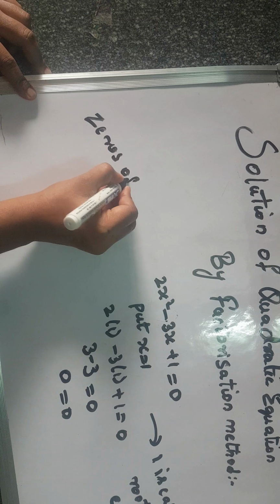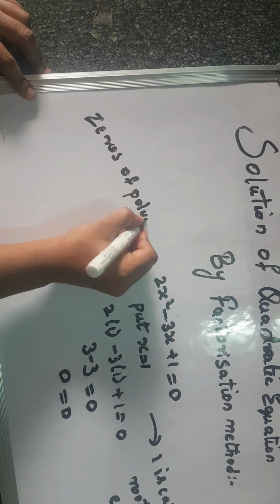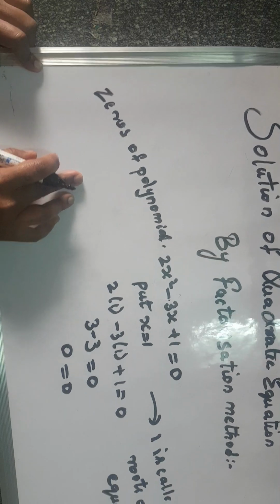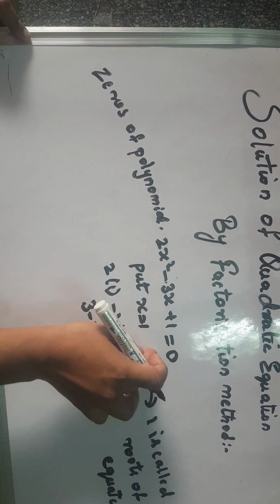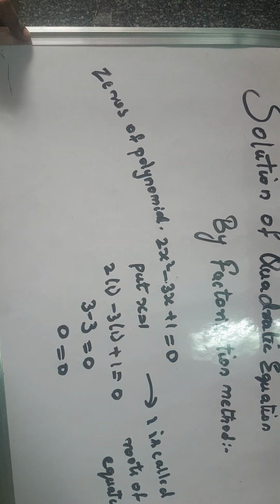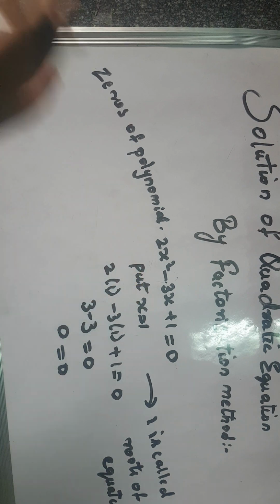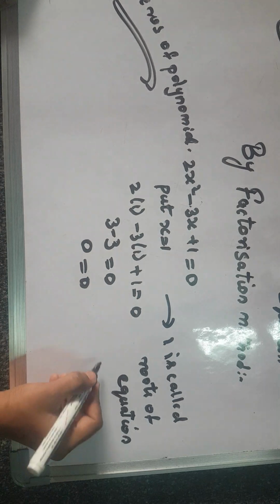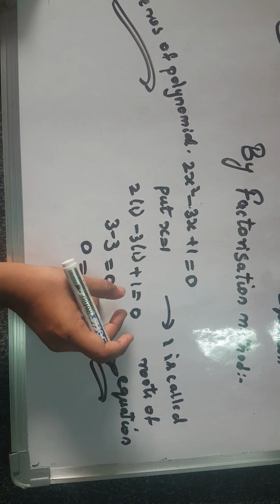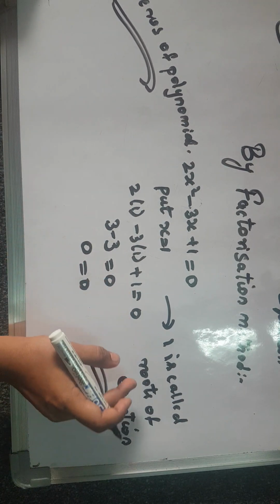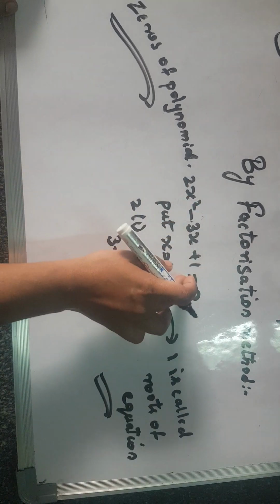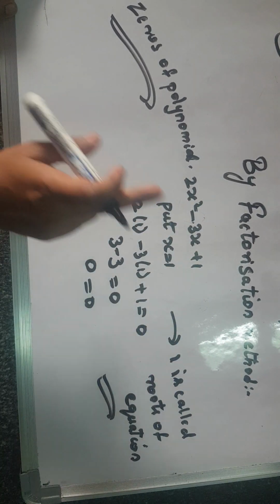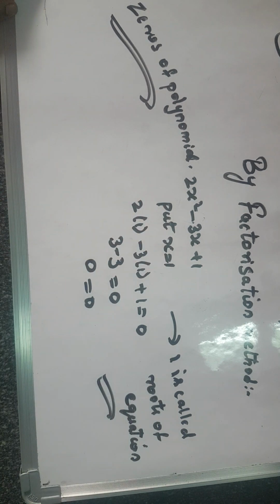When you do not equate this value to 0, it is called a polynomial, so it is called zeros of polynomial. Zeros of polynomial and roots of the equation are the same concept, but when you equate this value to 0, it becomes the roots of the equation.